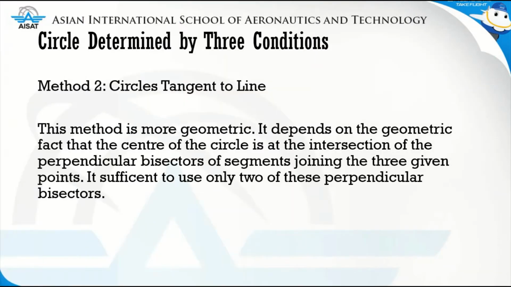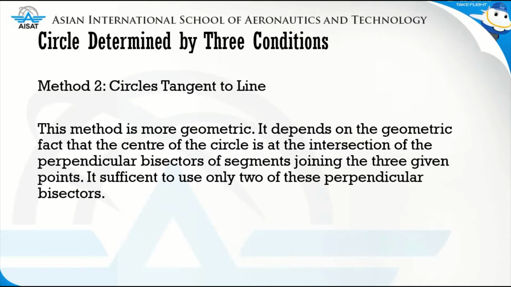Now, the second method is quite geometric. This method is circles tangent to line. So we will be using the concept of lines and tangents. This method is more geometric. It depends on the geometric fact that the center of the circle is at the intersection of the perpendicular bisectors of segments joining 3 given points.